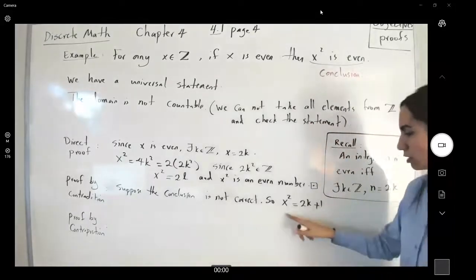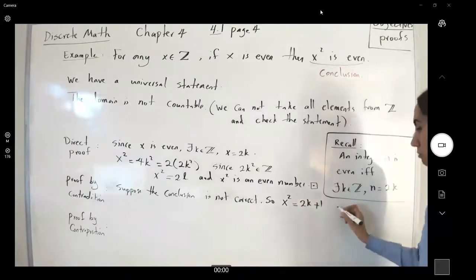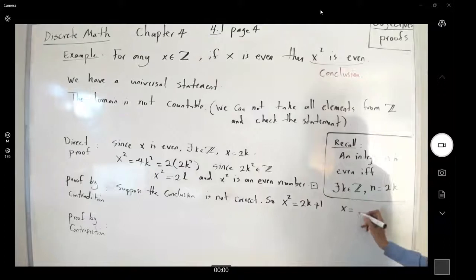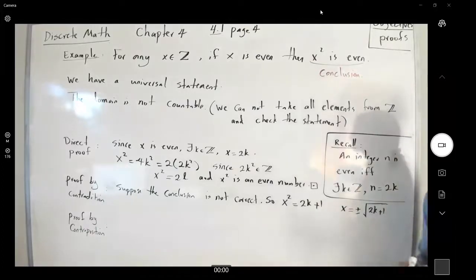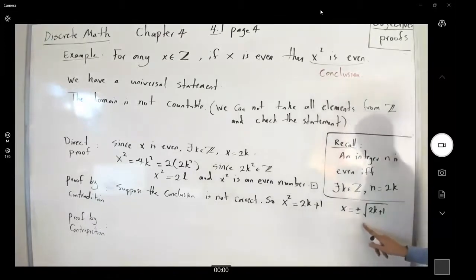So where can I go after this step? What is the next step? Suppose I get rid of the exponent 2. Suppose I write x as plus minus the square root of 2k plus 1. But this doesn't give me anything to work with. I have a square root, which might make this number an irrational number.